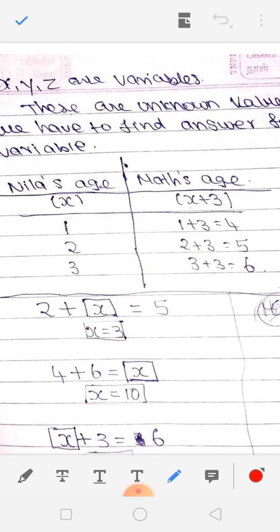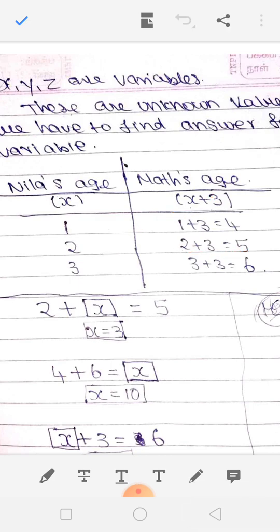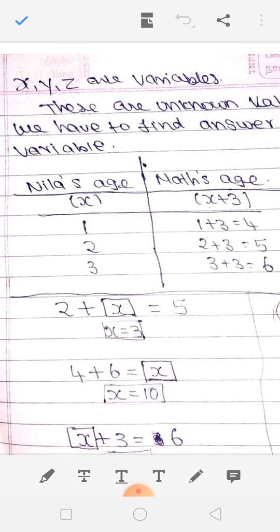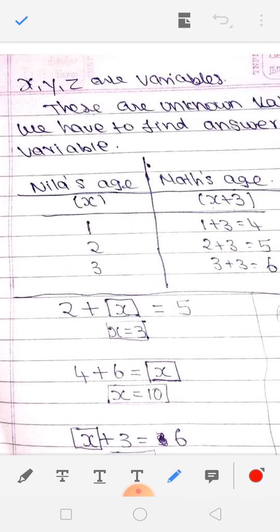Then suppose I put the x value as 2. Nila's age is 2, so I have to apply the 2 in the x value. So 2 plus 3 is equal to 5. Then suppose I take Nila's age as 3.